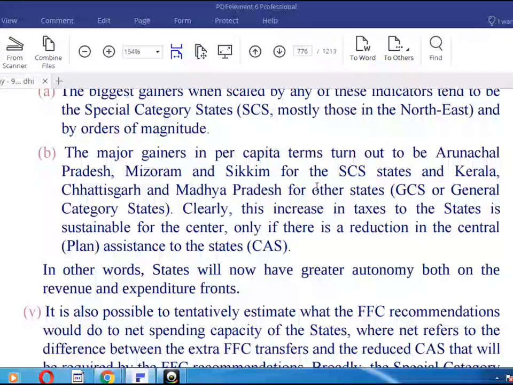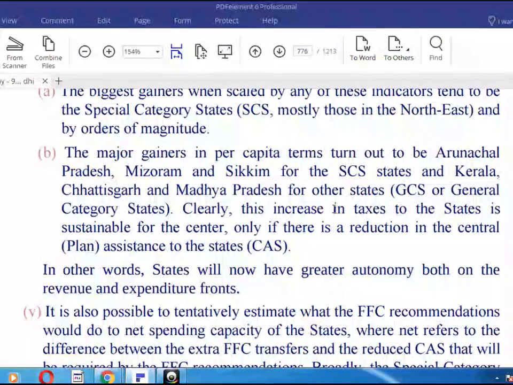The major gainers in per capita terms turn out to be Arunachal Pradesh, Mizoram, Sikkim among the special category states, and Kerala, Chhattisgarh, Madhya Pradesh among the other general category states.